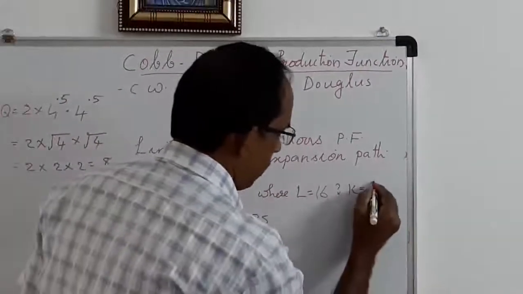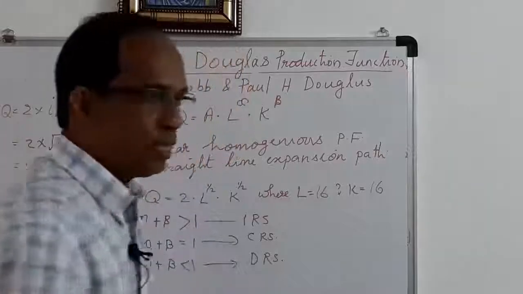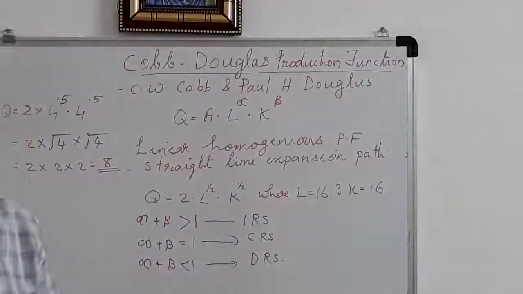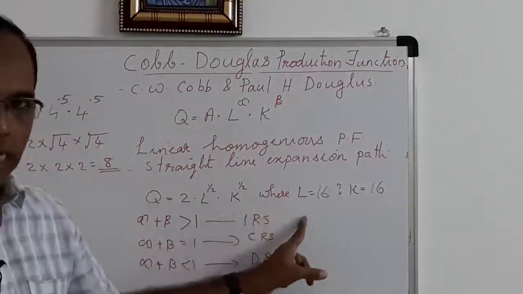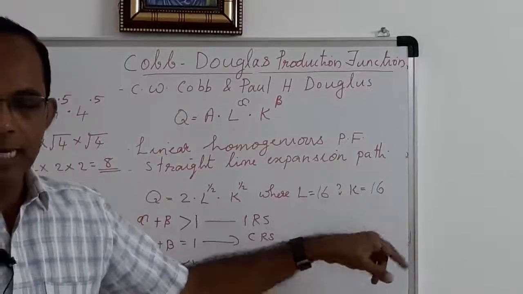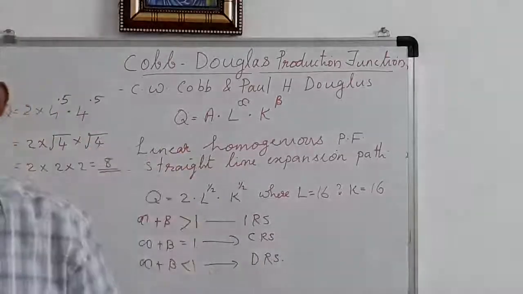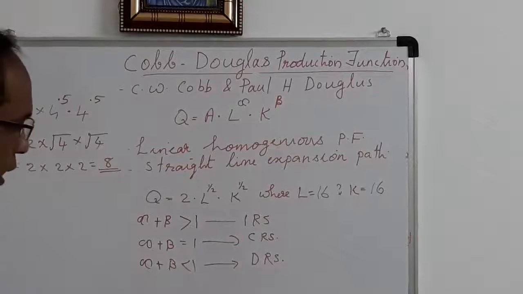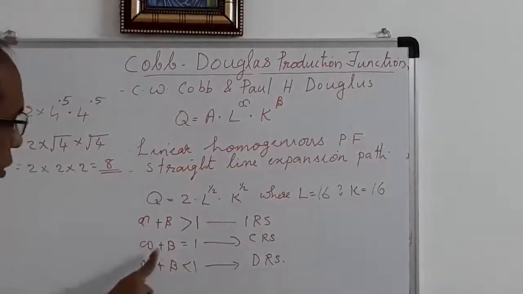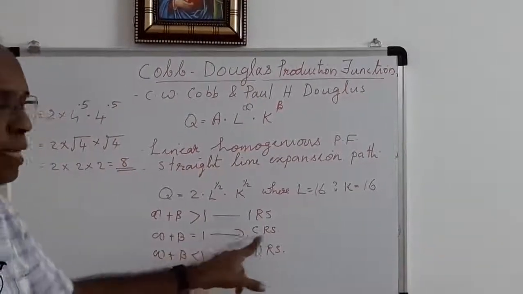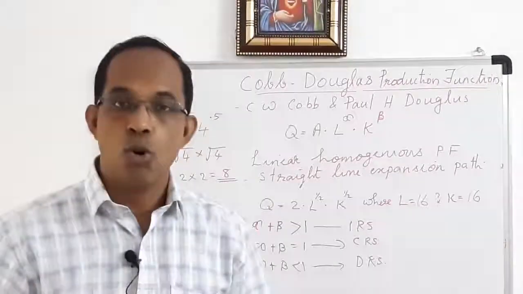Now let us check whether the output also increases by 4 times. Now I am increasing the inputs 4 times and the output should also increase by 4 times. Then only we can prove that if alpha plus beta is equal to 1, the firm may experience constant returns to scale.